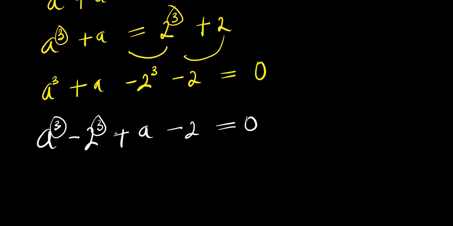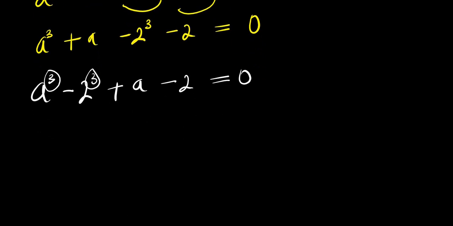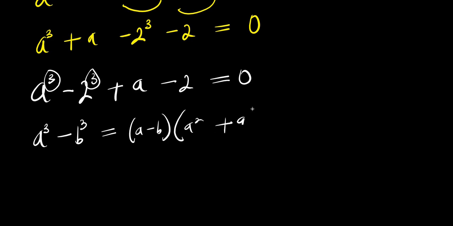Power 3, we need to expand. And for us to expand, we consider this identity: if you have a to the power of 3 minus b to the power of 3, this equals a minus b times a squared plus ab plus b to the power of 2. And in this case, our a is a, well, b is 2, right?